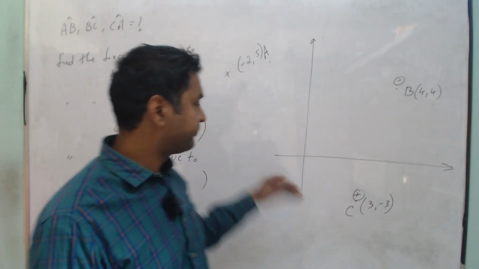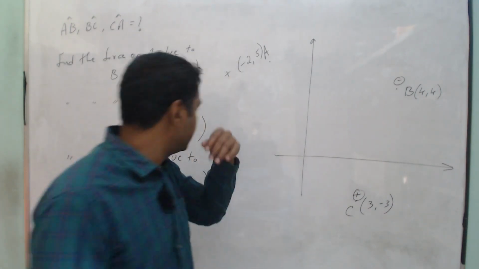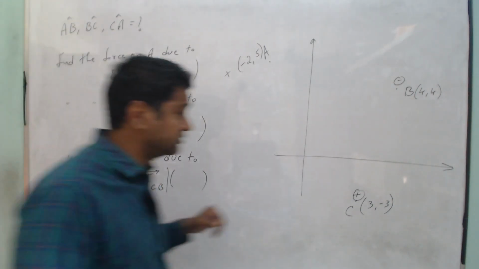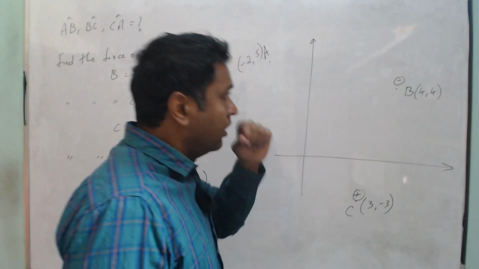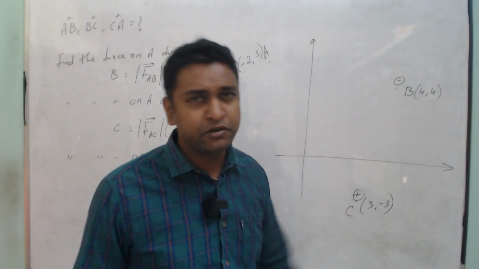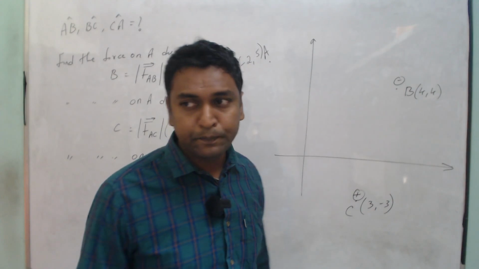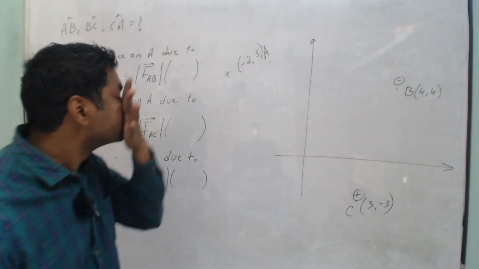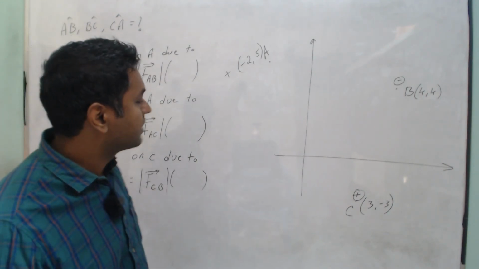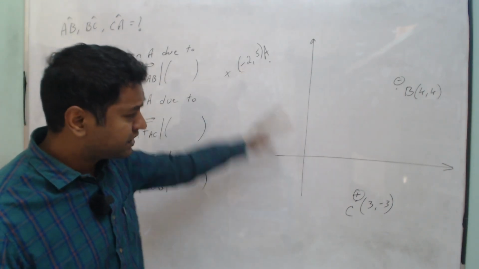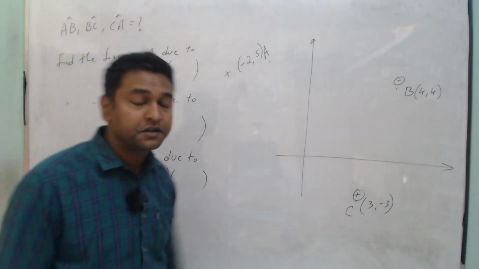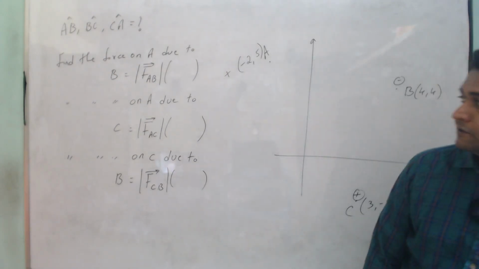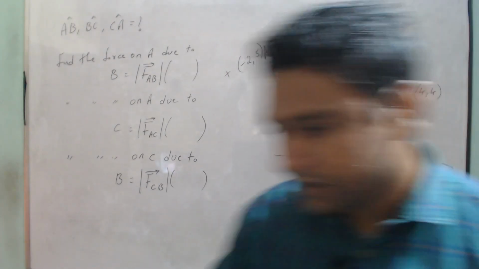BC cap is minus I cap minus 7J cap divided by under root of 50. And CA cap is minus 5I cap plus 8J cap divided by square root of 5 square plus 8 square.